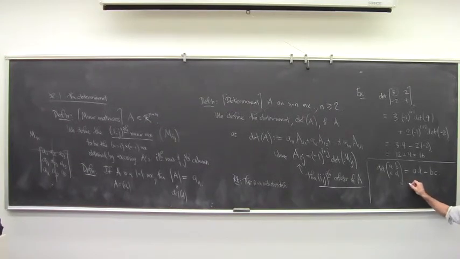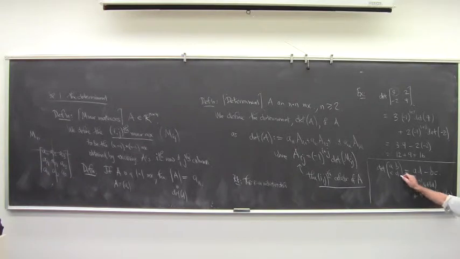This is A times negative 1 to the 1 plus 1 times the determinant of D plus B times negative 1 to the 1 plus 2 times the determinant of C. So the determinant of a 2 by 2 turns out to be the product of this diagonal minus the product of that diagonal.